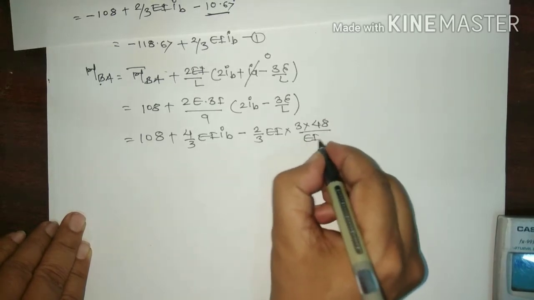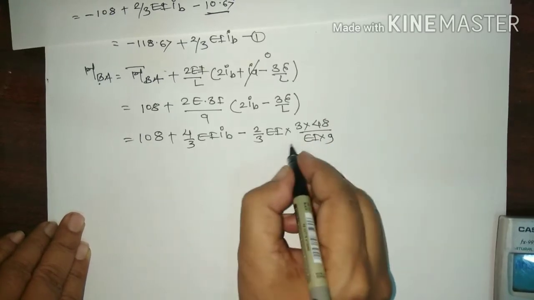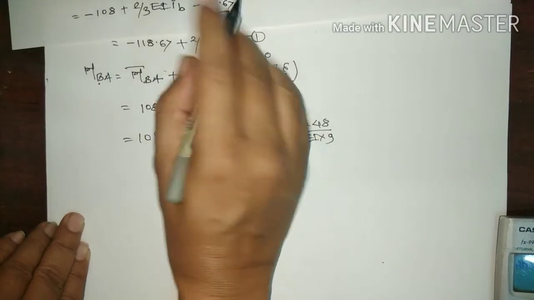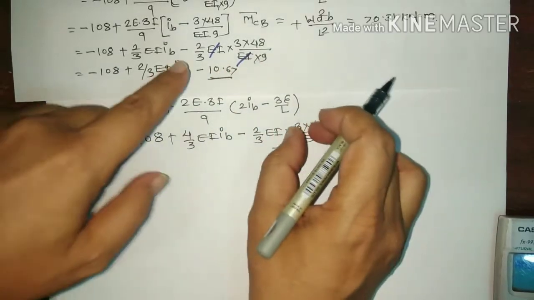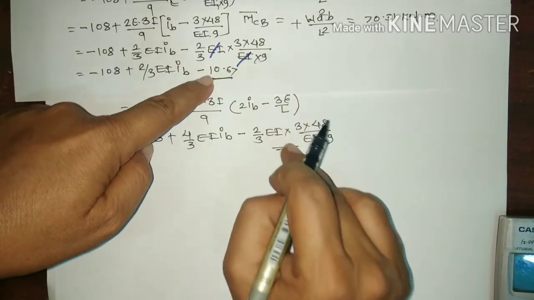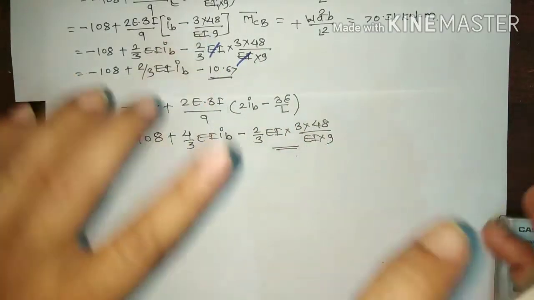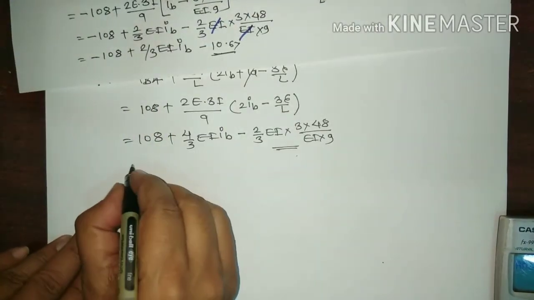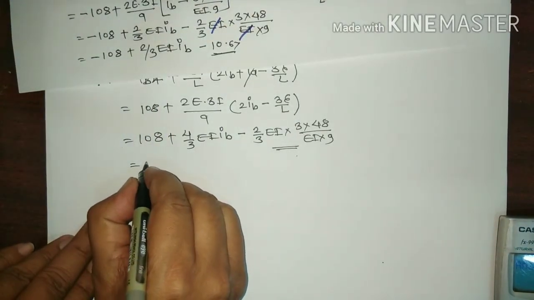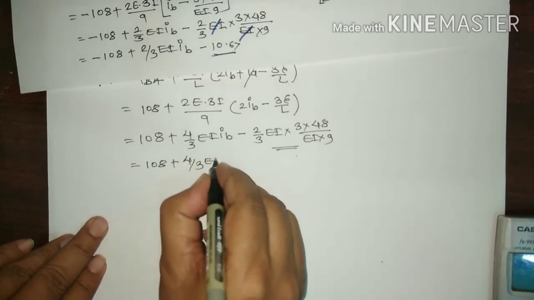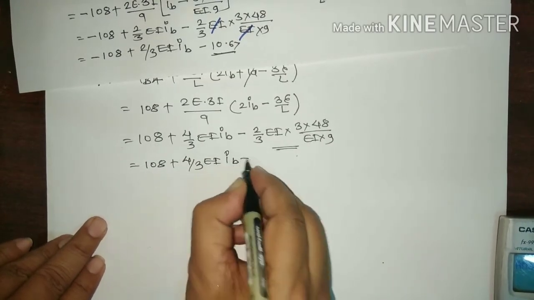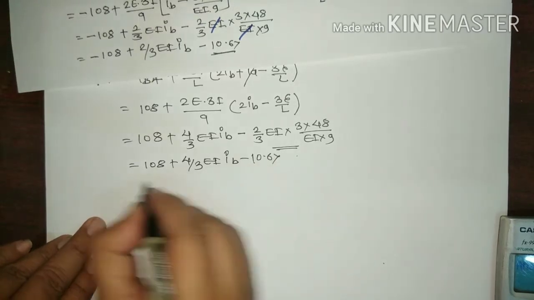EI into 9. So this value is the same as the previous one. This always, for the one span, this delta value, both the values are always the same for the one span. So this becomes 108, 4 by 3 EI θB minus 10.67.